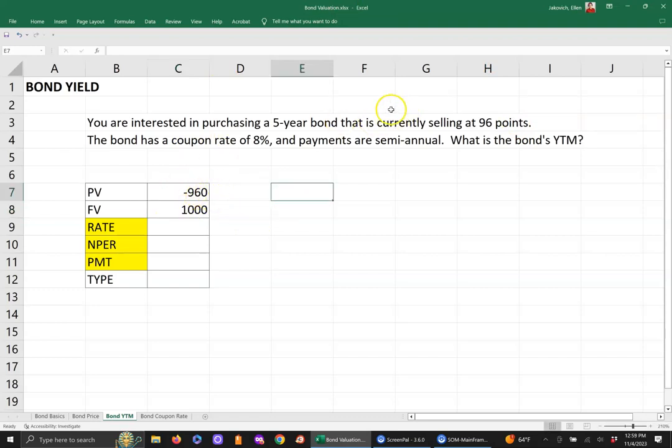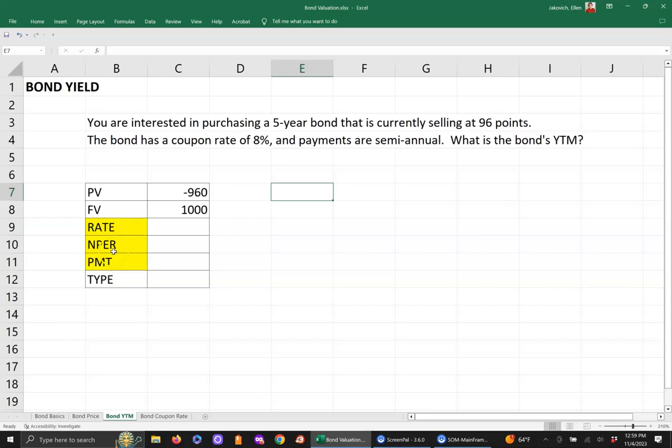So let's move on. The bond has a coupon rate. Coupons are tied to the bond. That is not the market. That is the bond rate of interest. So that is 8%, and payments are semi-annual. Very key. So everything that's highlighted in yellow here must be on a semi-annual basis.